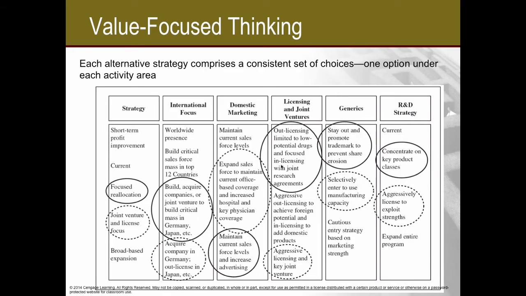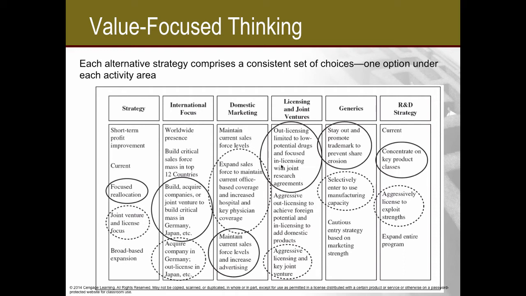For example, over here, we have value-focused thinking again. We have a strategy, basically short-term profit improvement. That's one strategy. Current profit-focused reallocation, joint venture and license focus, and broad-based expansion are different types of alternatives in terms of a strategy.